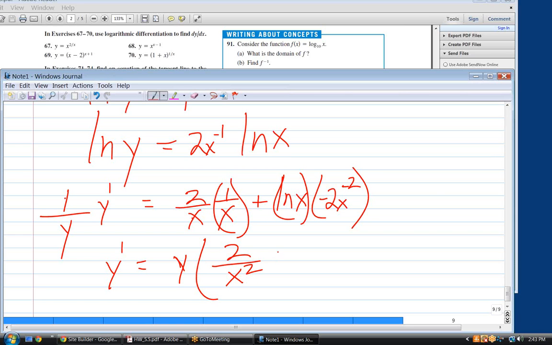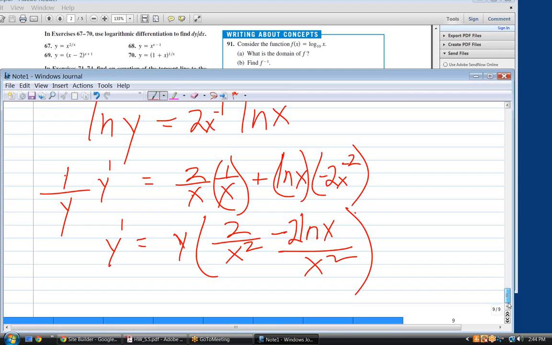Let's see, what else do we have here? We have plus natural log of x. This is a minus 2 natural log of x all over x squared. Is that her answer? You can probably factor out a 2 over x squared, actually.